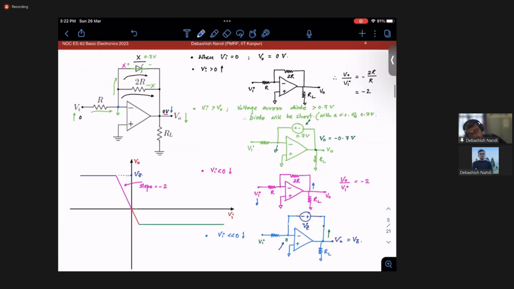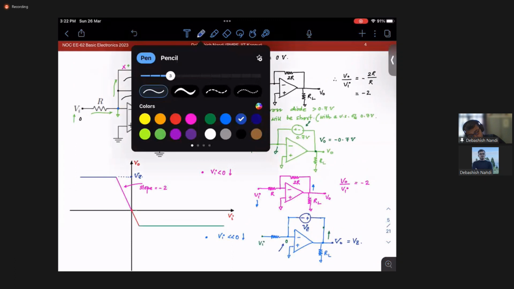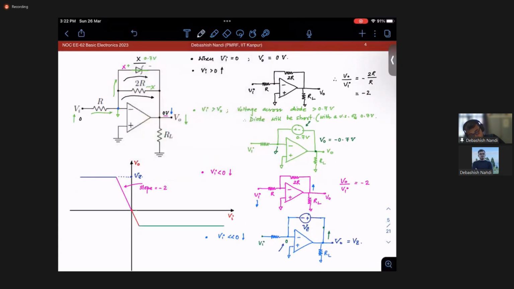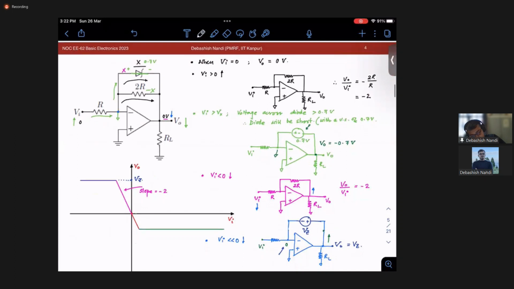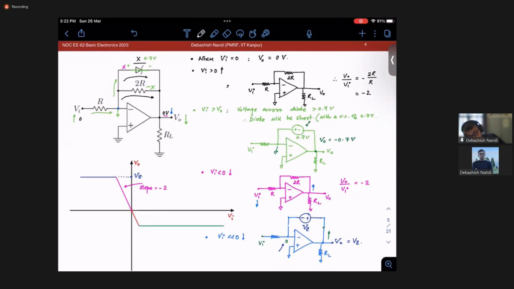This is your region 2, this is region 3. Okay, I made some mistake in the colors.